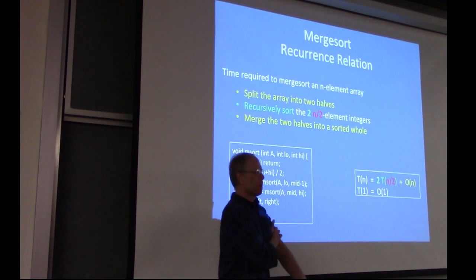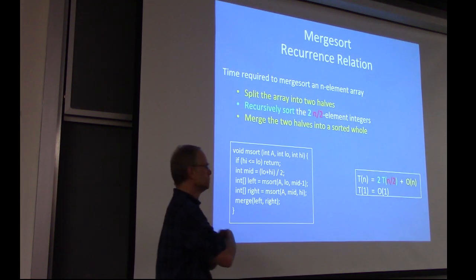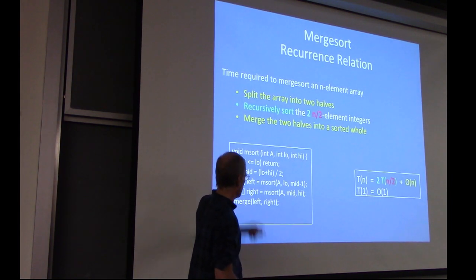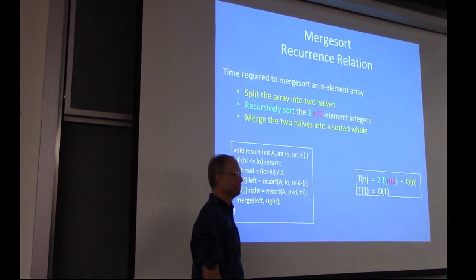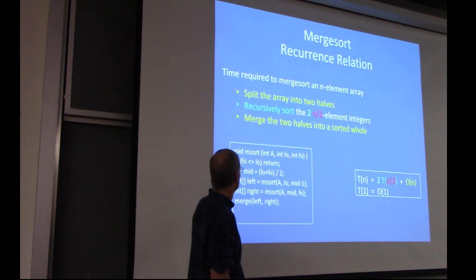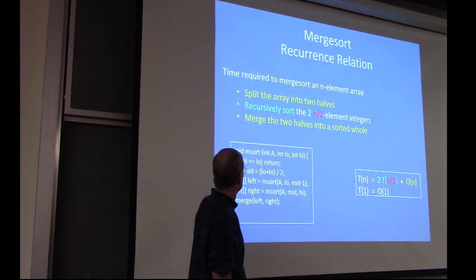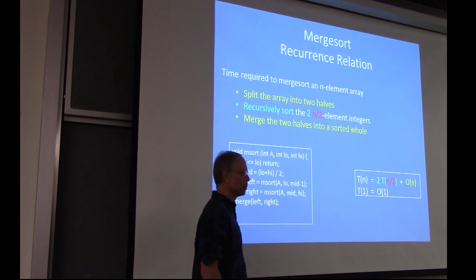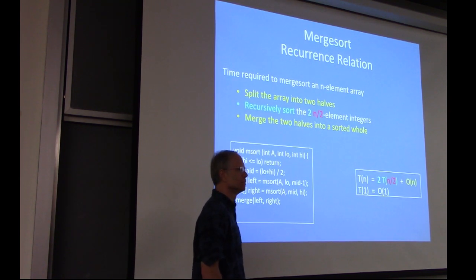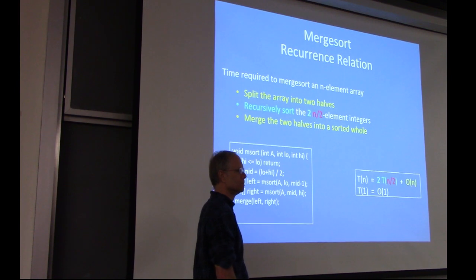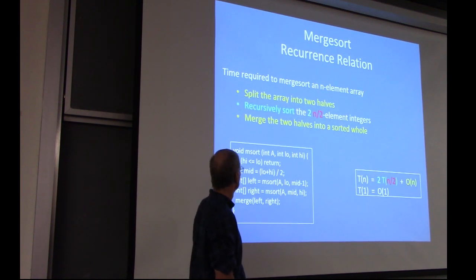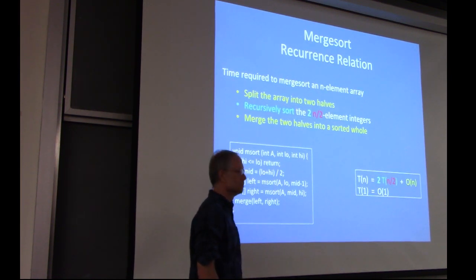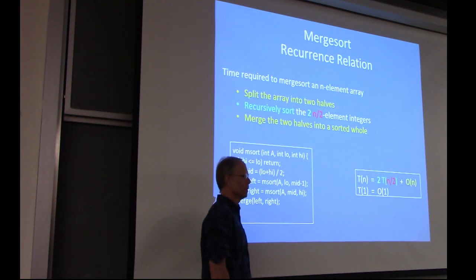So the cost in these cases comes from copying half the array, correct? Right, merge will have to do a copy. The only place in this implementation where the copying comes from is merge, because copying is happening implicitly in merge. So there's no cost to making that int left and int right? The cost there is n divided by 2, it's still linear.